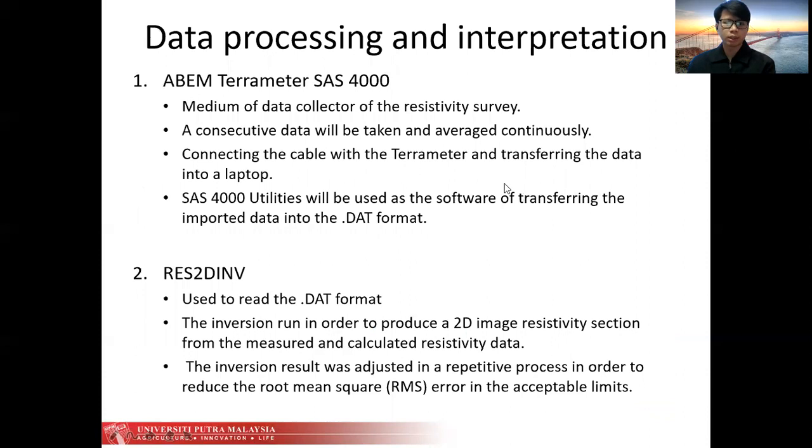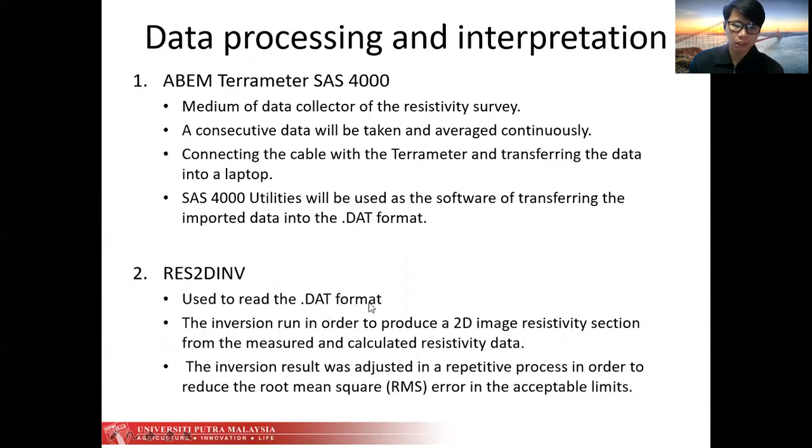I will collect the data using the ABEM Terrameter SAS4000, which is used as the medium to collect the data. This Terrameter is connected by a cable to transfer the data into the laptop. SAS4000 Utilities will be used as the software to transfer the imported data into DAT format.